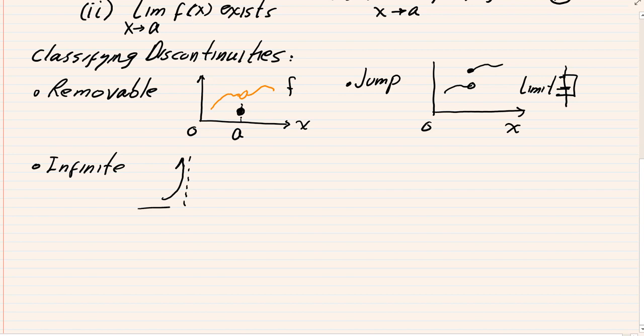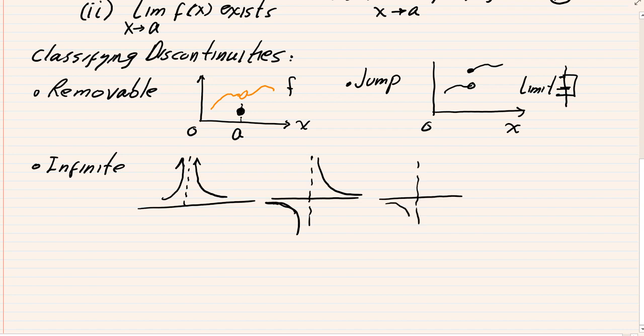Now, the way I have this, you could have infinite discontinuity going this way like that, or you can actually have it look like this, or you can have it go down both directions. There you go, from both sides. So those are all examples of infinite discontinuities. So you have a vertical asymptote.